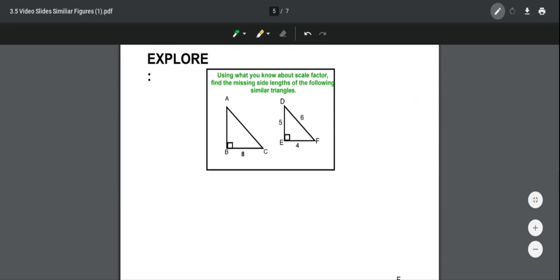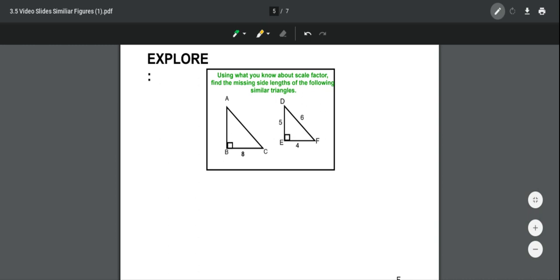Let's take a look at another example. Using what you know about scale factor, find the missing side lengths of the following similar triangles. So I already know that the triangles are similar, therefore the same scale factor was used to go from triangle DEF to triangle ABC.